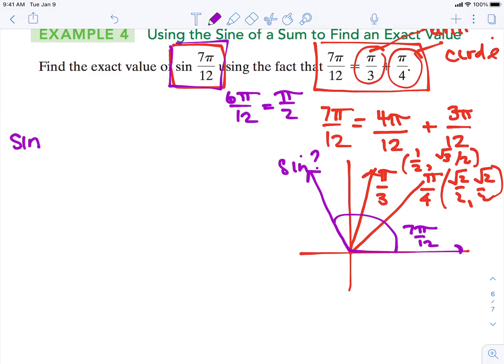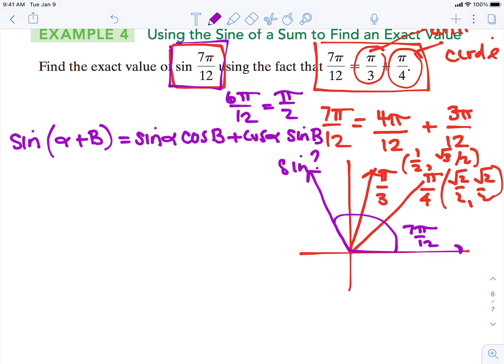The sine of alpha plus beta, a and b, equals the sine of a times the cosine of b plus the cosine of a and then sine of b.